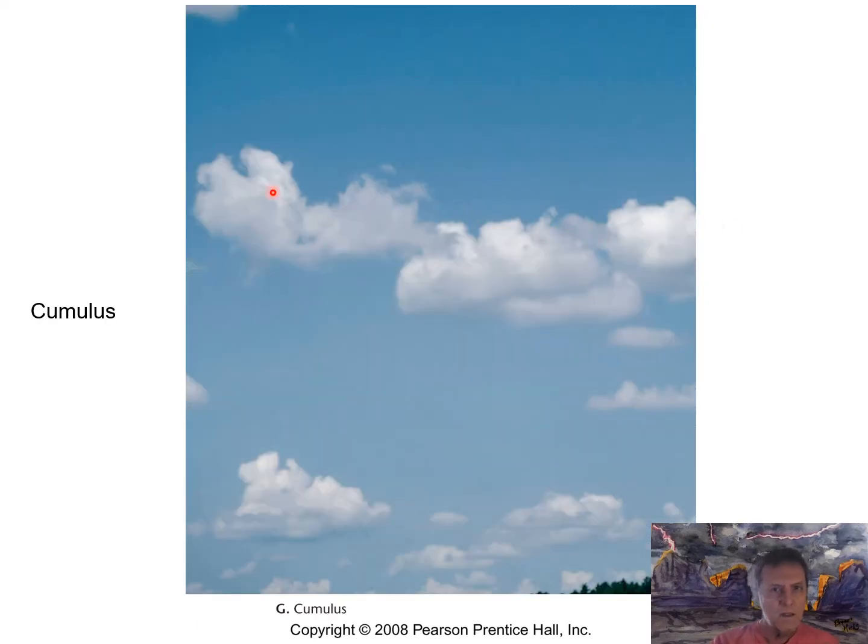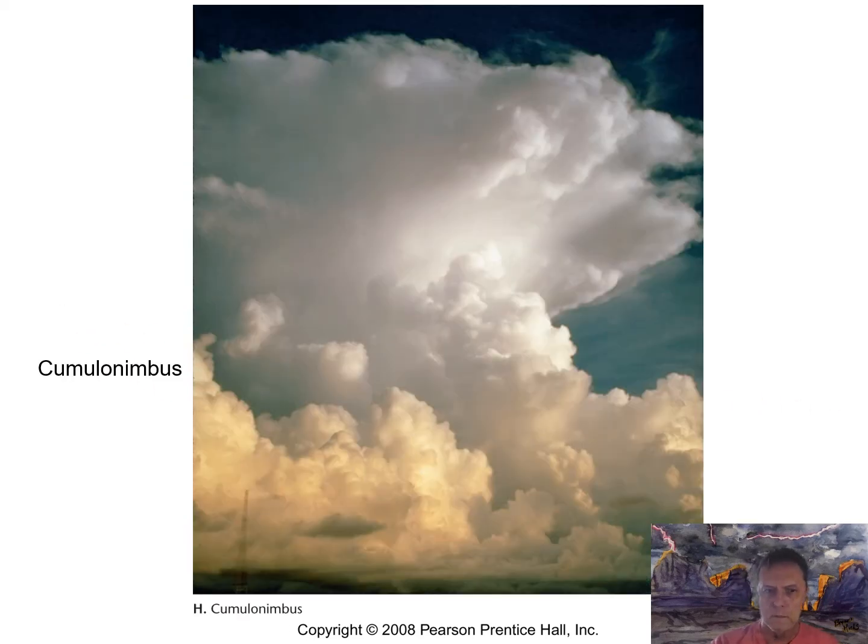Cumulus cloud, again, the puffy cotton ball clouds that people see rabbits and dogs and other animals in, are called cumulus clouds. Cumulonimbus clouds, so we have nimbus, storm cloud, we have cumulo, puffy clouds.